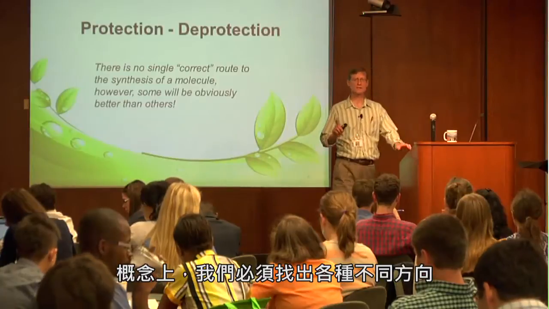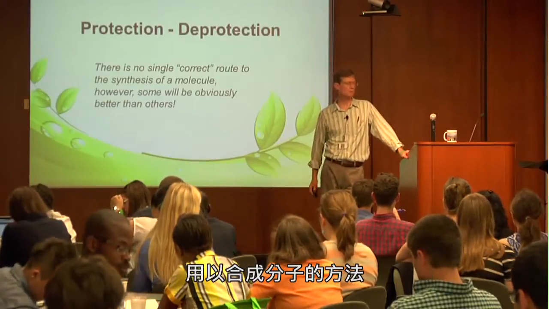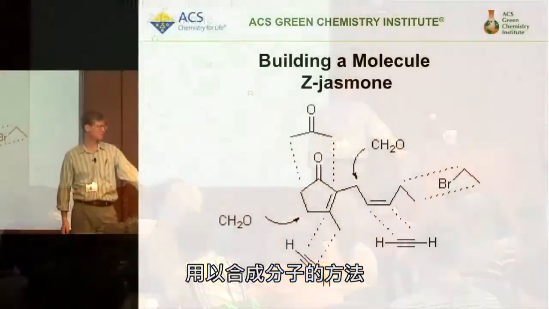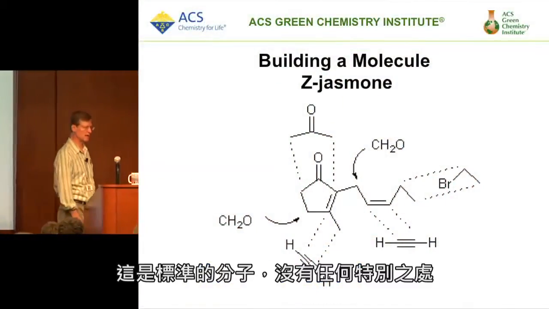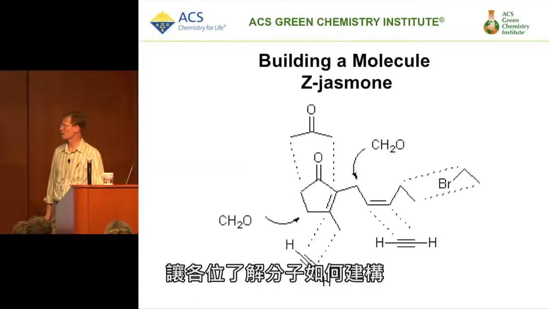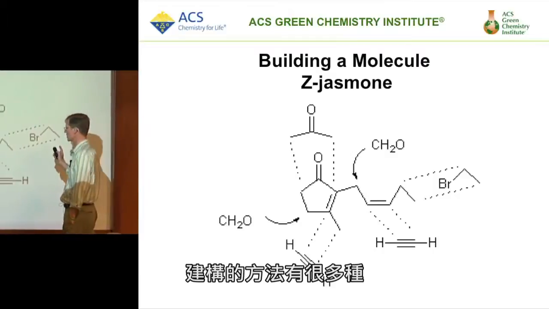So the idea is that we need to come up with ways to synthesize molecules from a lot of different directions. This is just a standard molecule, not anything special. It gives you an idea of how it might be built. There's lots of ways it may be built.